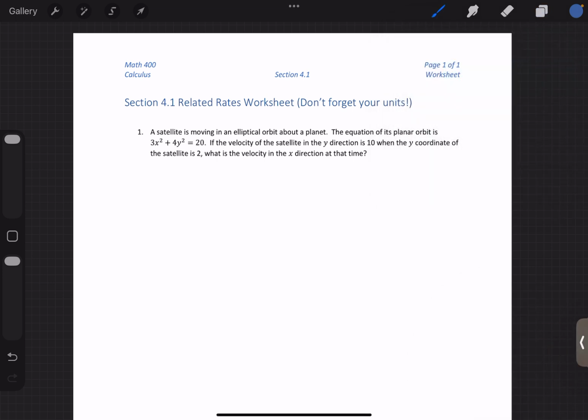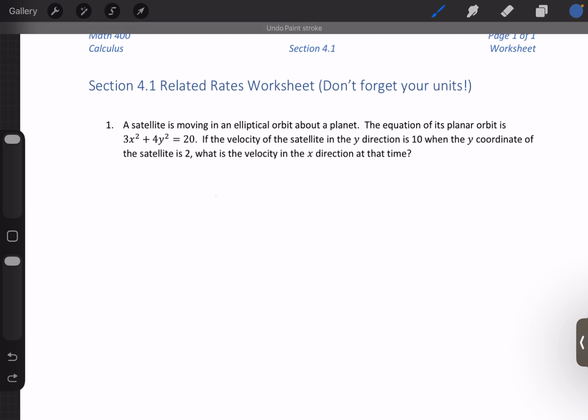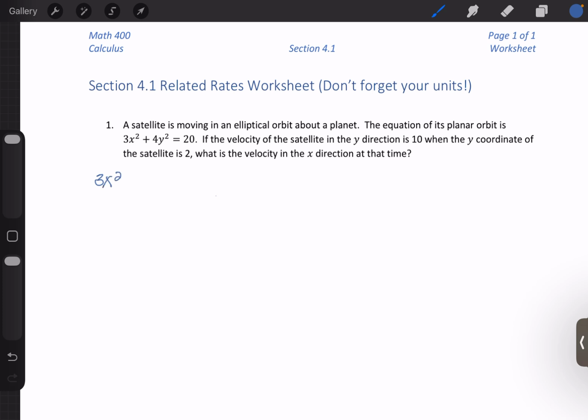We can always start off with what we already know, which is that the equation of the planar orbit is 3x squared plus 4y squared equal to 20.